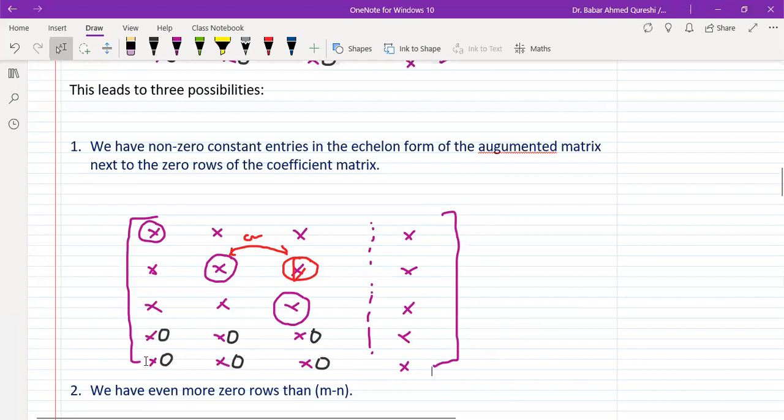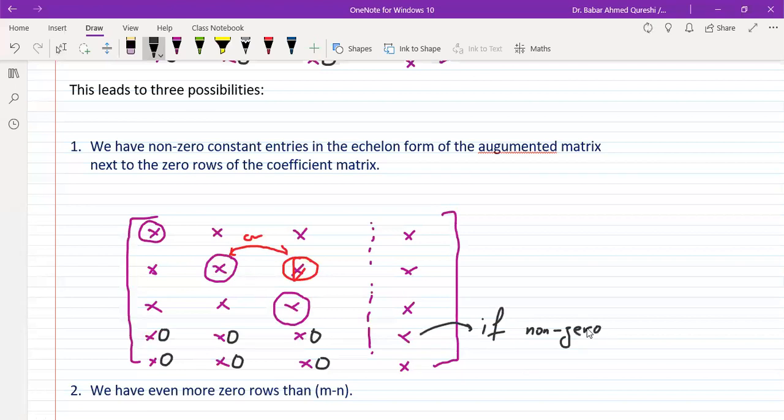There's no other choice once you put it in the echelon form. Now, if you look on the other side of the dotted line, these numbers could be 0 or non-zero. So if any of these is non-zero, then you will encounter inconsistency.